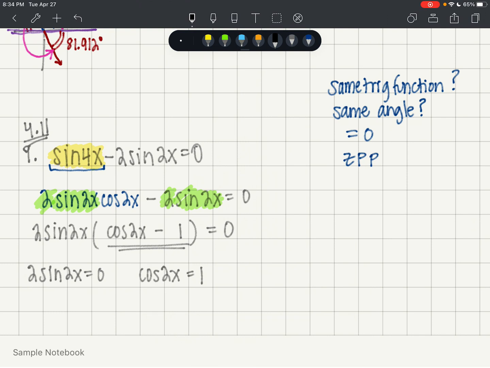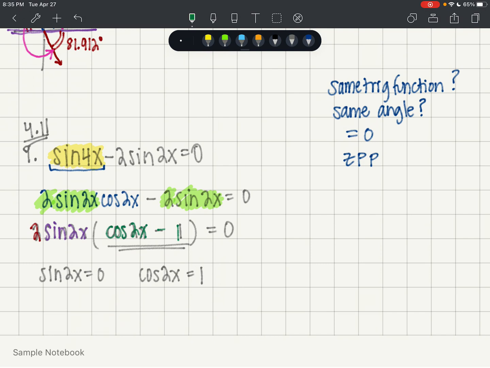So what I could have done was I could have said, look, I've got a factor of 2, I've got a factor of the sine of 2x, and then we've got that factor of cosine of 2x minus 1. We've really got 3 factors here. Well, 2 is not a variable factor, so I don't even need to write that down. Just the sine of 2x equals 0.